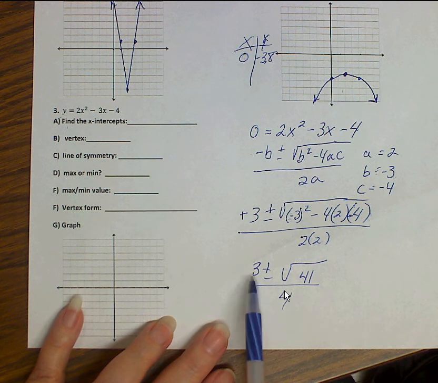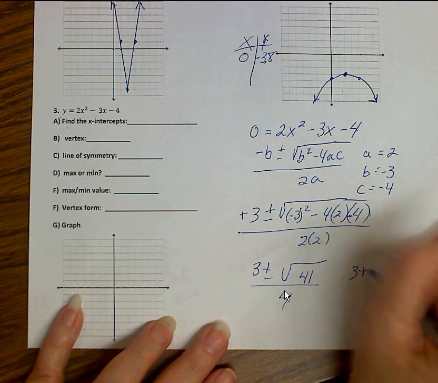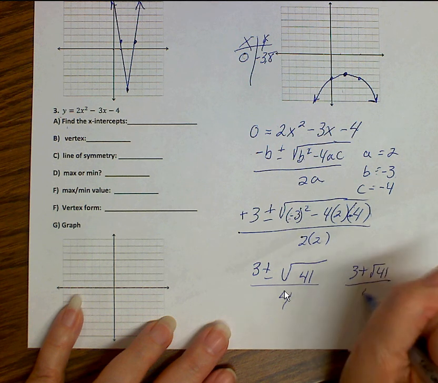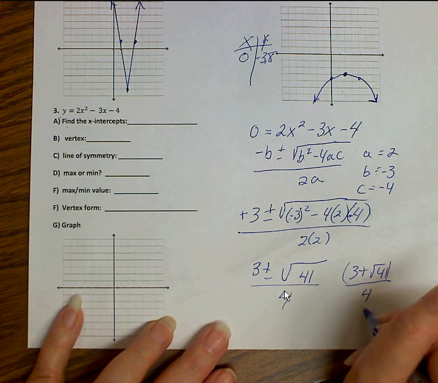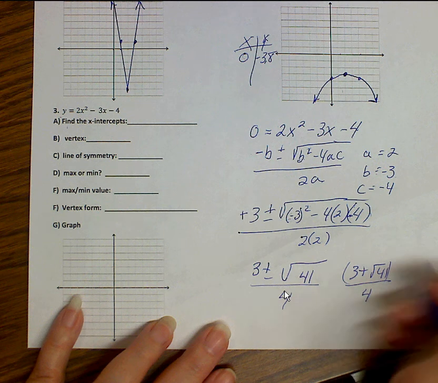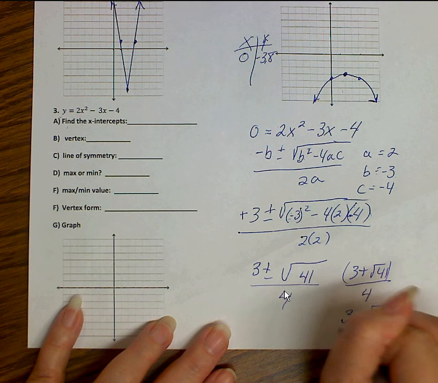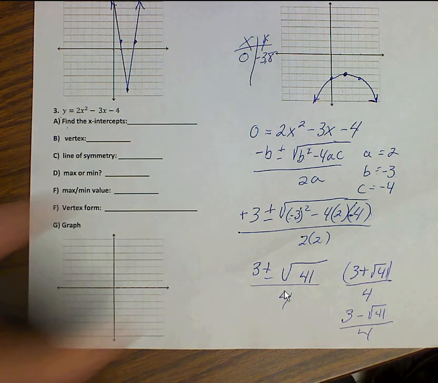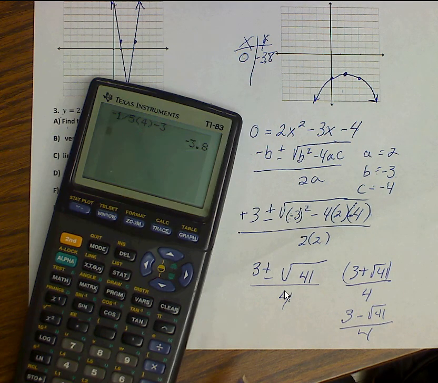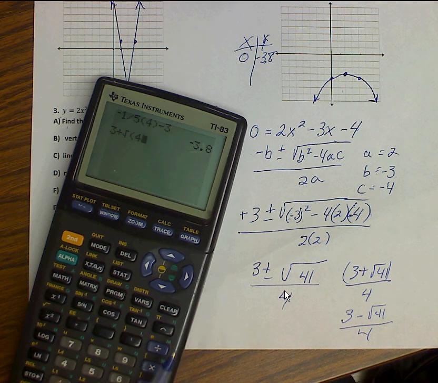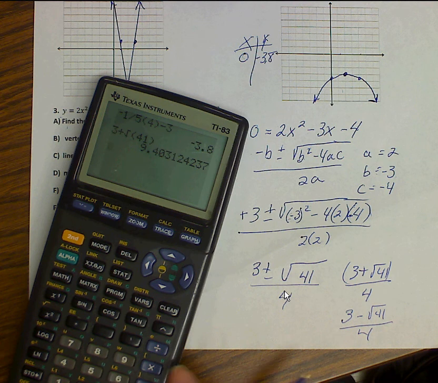Then in your calculator go 3 plus the square root of 41 equals divided by 4, or put parentheses, and then the other one is 3 minus the square root of 41 divided by 4. So we'll get 3 plus the square root of 41 and equals divided by 4.